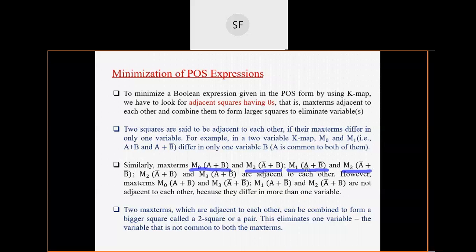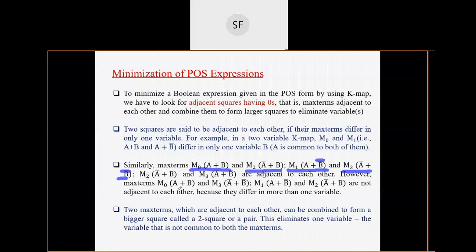M1 is A plus B bar, M3 is A bar plus B bar. You can observe B bar is present here also, so one term is constant and A is changing. Here it was A and here it was A bar. So again, M0 and M2 are adjacent pairs, M1 and M3 are adjacent pairs, and similarly M2 and M3 are adjacent pairs.